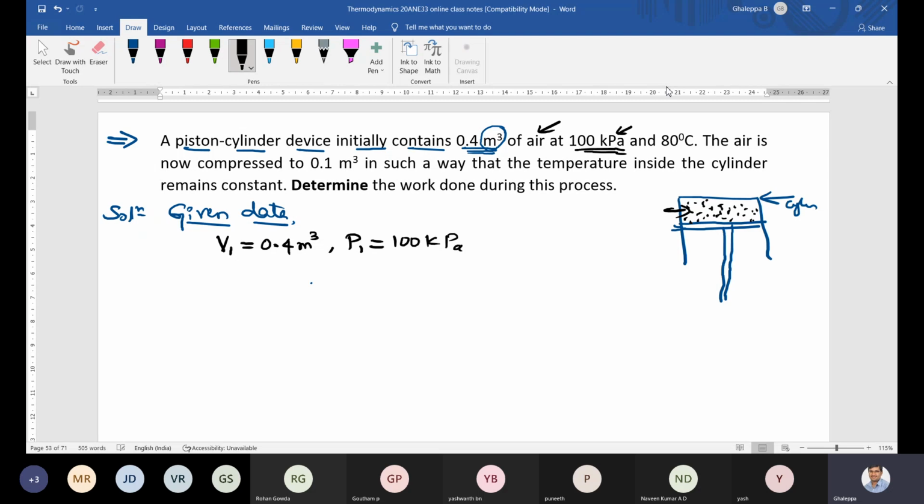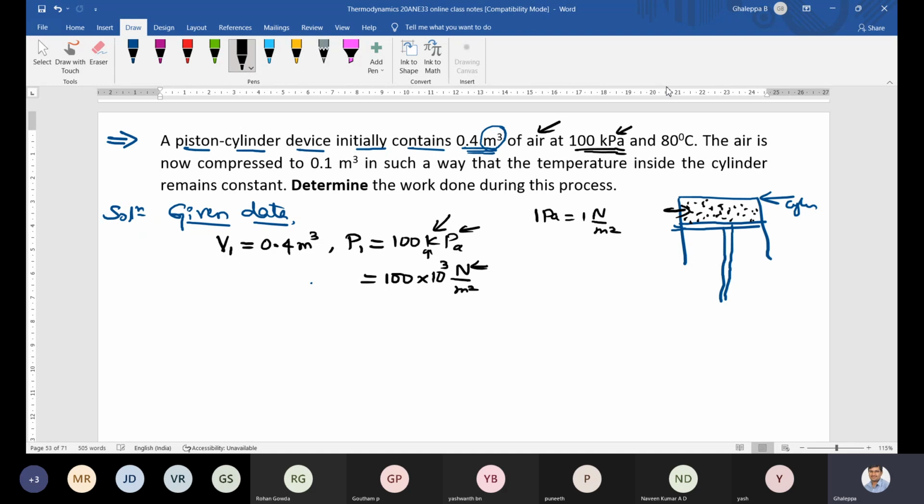Dear students, please make a habit of converting kilo to normal. Try to remove this kilo, so multiply with 10 to the power of 3. Pascal is nothing but Newton per meter square. 1 Pascal is equal to 1 Newton per meter square.